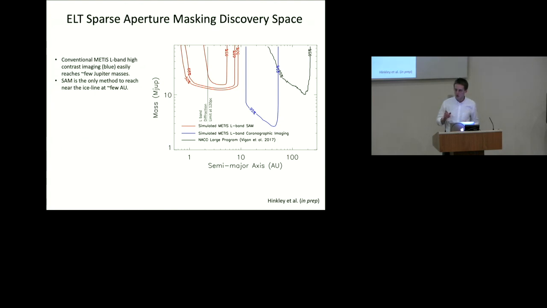I agree with you that if we observe with JWST at 1 to 2 microns, we could get a better inner working angle. But I think we'd be missing this whole question about what the spectral energy distribution of these Jovian mass planets looks like at 5 microns or 10 microns. We just don't know.